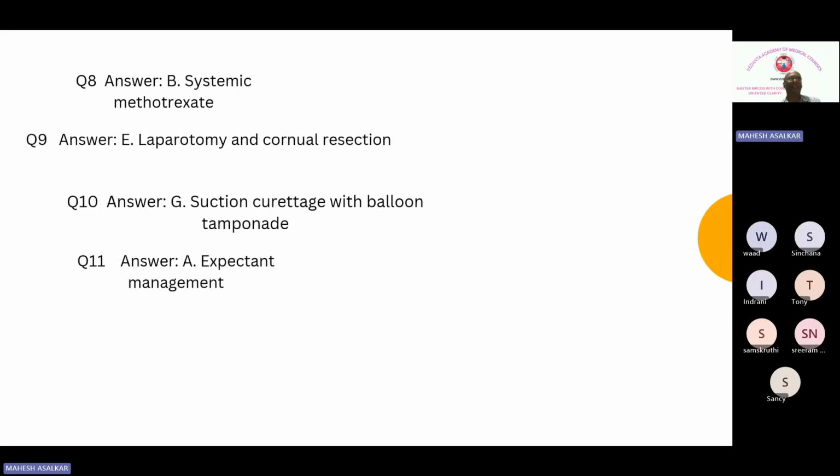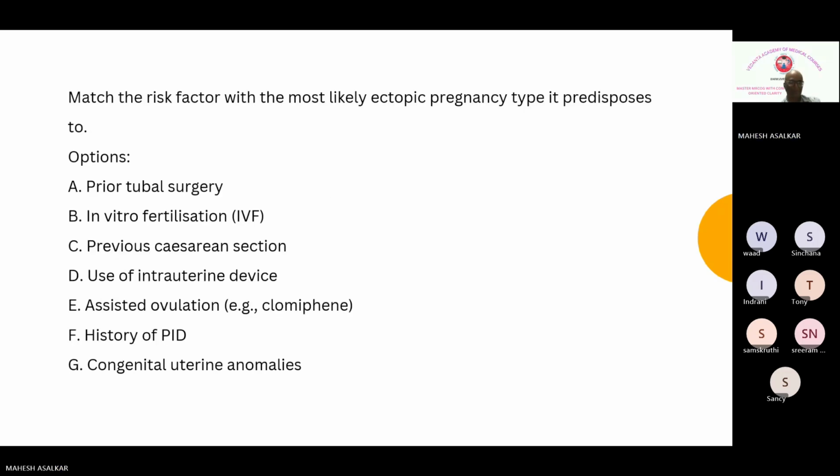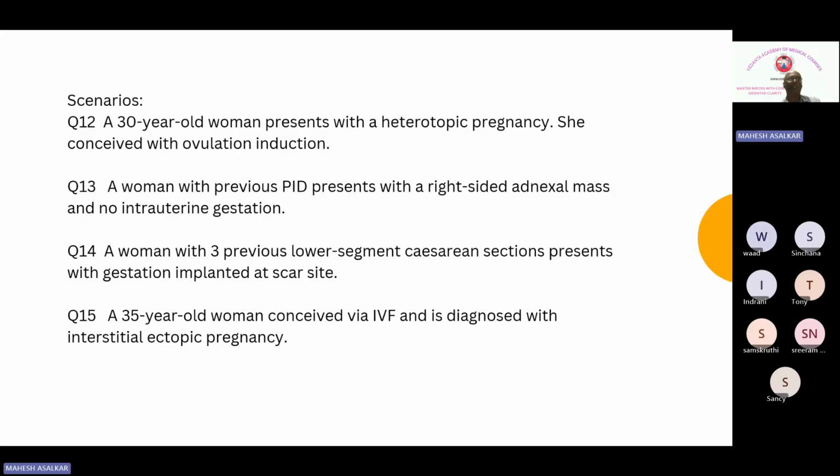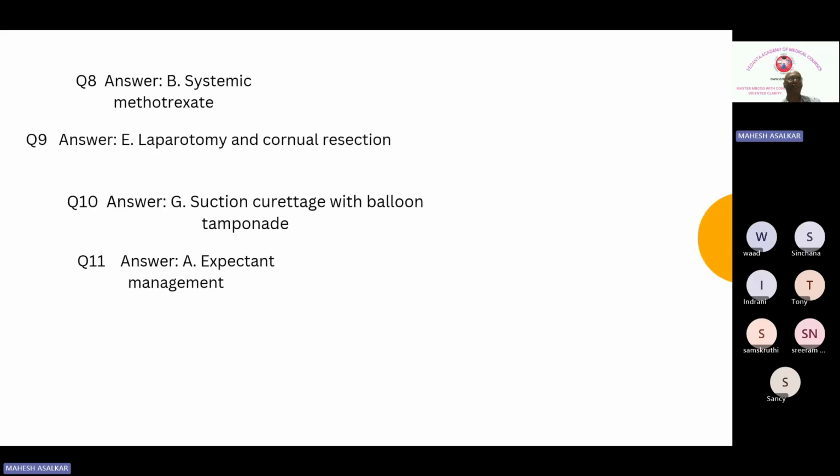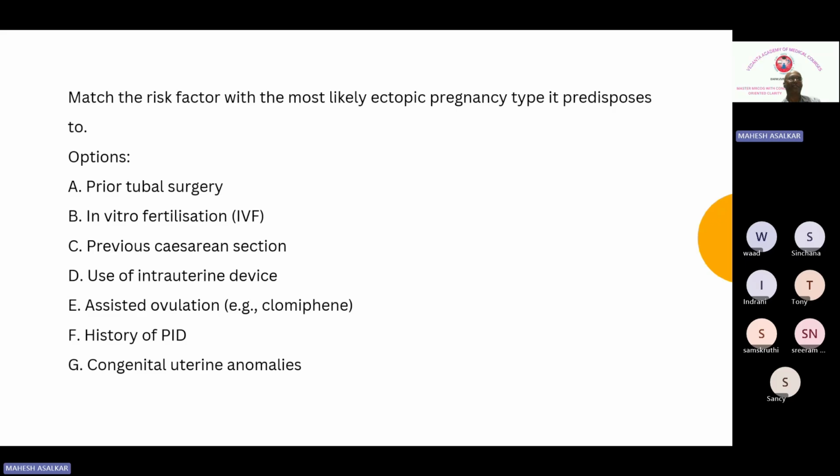Then suction curettage with balloon tamponade, for the 28-year-old woman with cervical ectopic with heavy vaginal bleeding, stable, and bleeding continuing after MVA. Then the last one was ectopic management, expectant management.